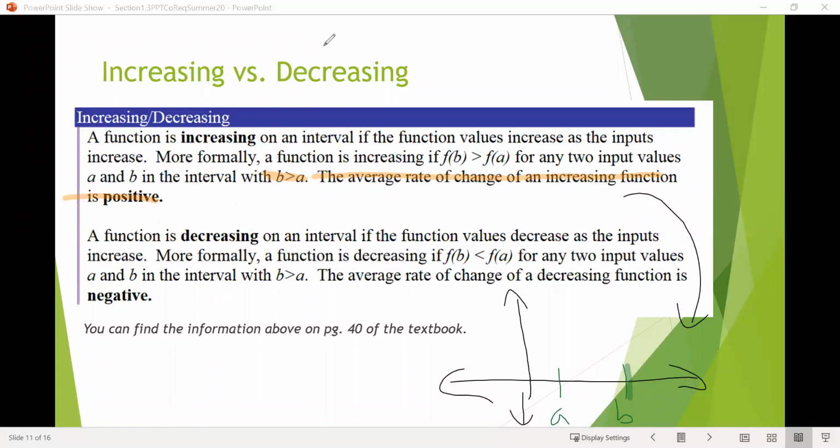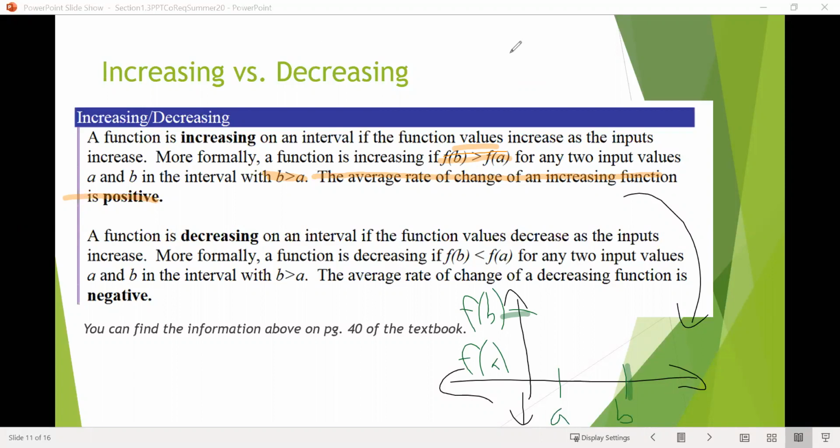And we also have that f of b is greater than f of a, meaning f of b is up here and f of a is down here.